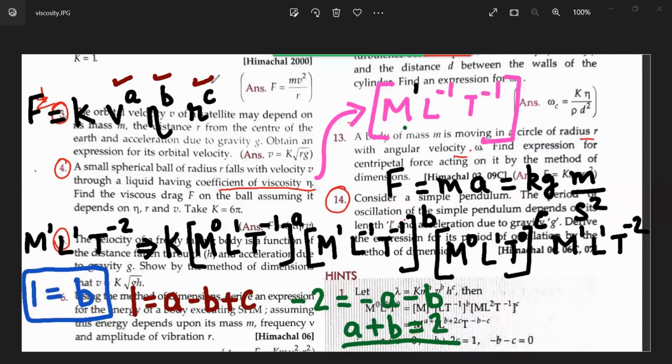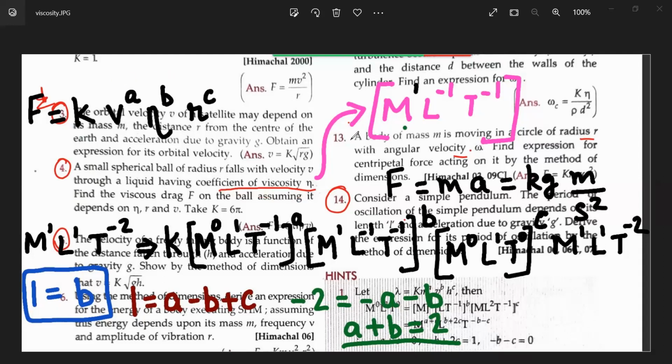Now, I know the coefficient of viscosity neta is M raised to power 1, L raised to power minus 1, T raised to power minus 1. So this is my coefficient of viscosity. When we enter class 11th, we are not aware of this coefficient of viscosity.